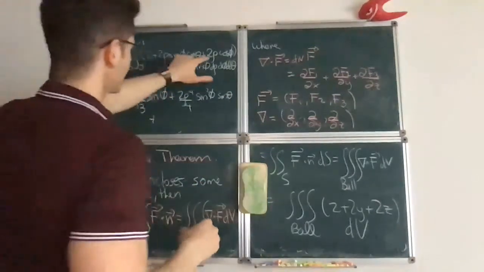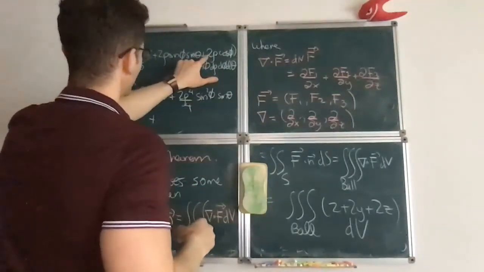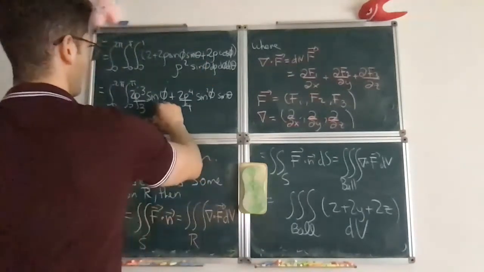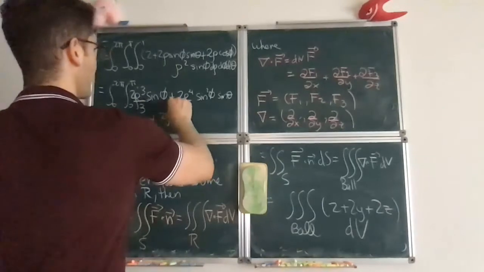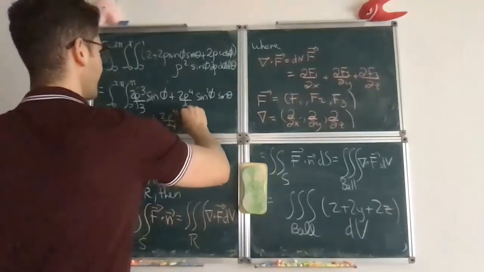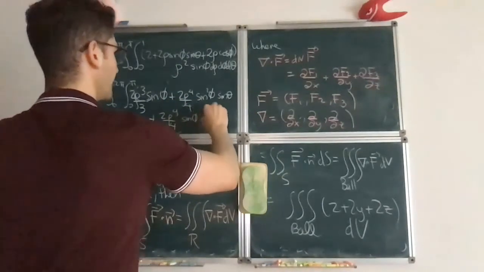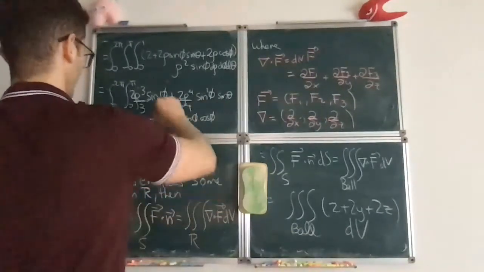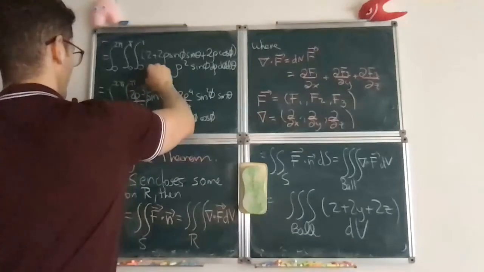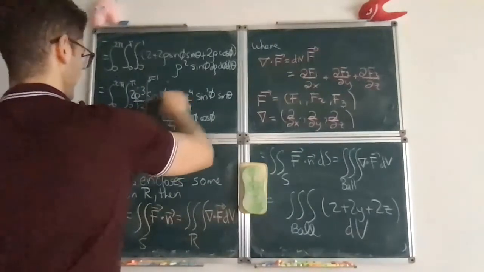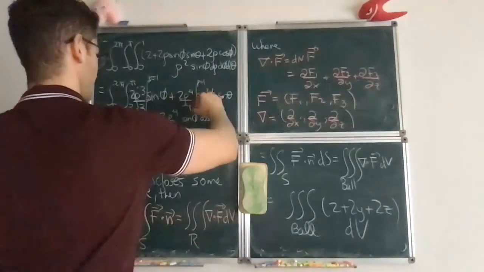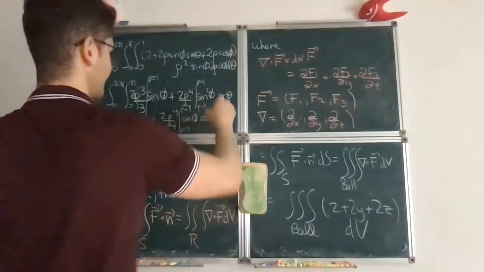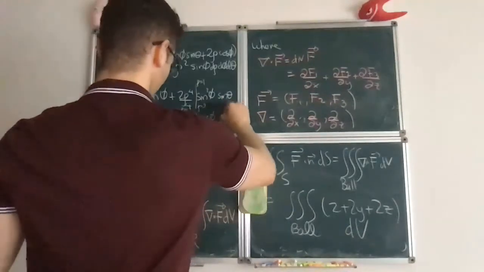plus, again, 2 rho to the 4 over 4 sine of phi cosine of phi, and now all of this has to be evaluated at rho equals 1 and rho equals 0, and after you do the evaluation, this is d phi d theta.